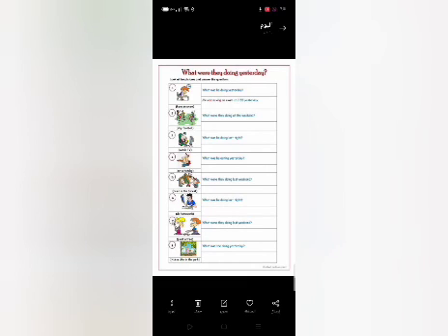So thanks so much for your great answers in the worksheet. Now the basic rule here: if the subject is singular, we have was. But if the subject is plural, we have were plus the verb with ing. Okay, great. Thanks for your answers.